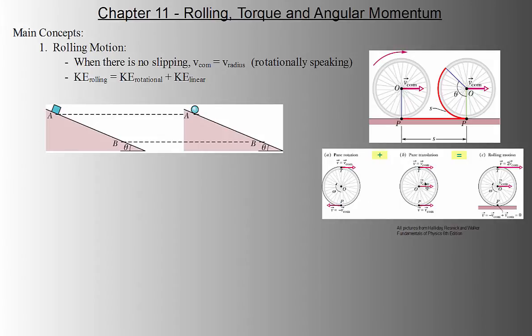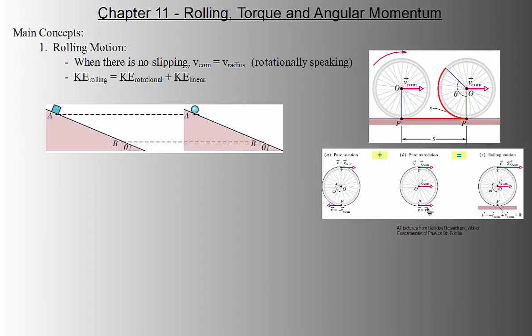Also the case for translation, which is moving left and right, or just moving from one place to another. So you got pure rotation where you're not moving around, you're just rotating. You got pure translation where you're not rotating. Notice the difference though at the bottom. Because of the way you're rotating here, the direction of the velocities change direction.